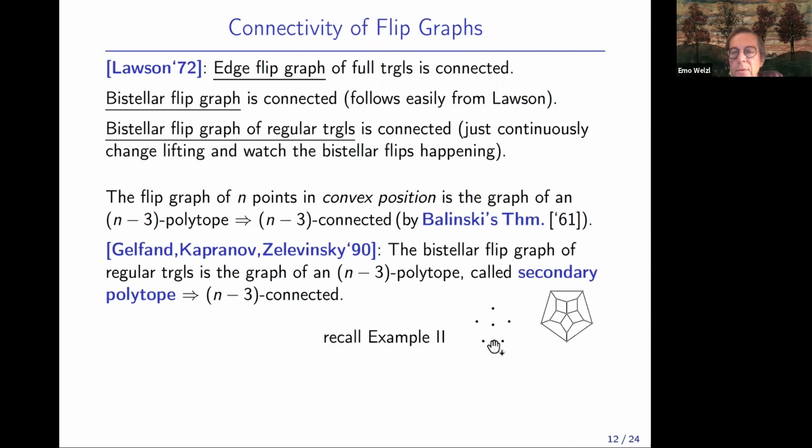So we had these 5 points with the point in the middle. And here you see the bistellar flip graph of partial triangulations. As it happened, this is the secondary polytope of this point set, because in this case all the partial triangulations are regular. Actually, this is by a general principle.